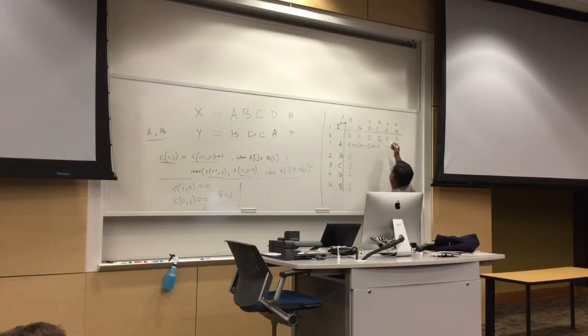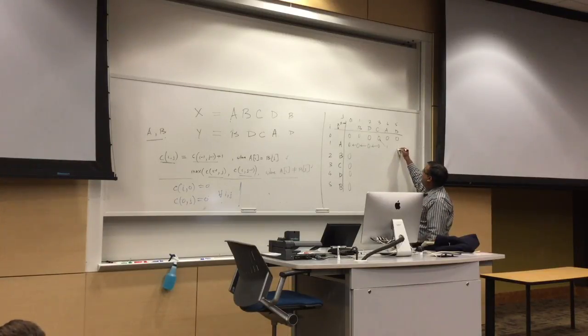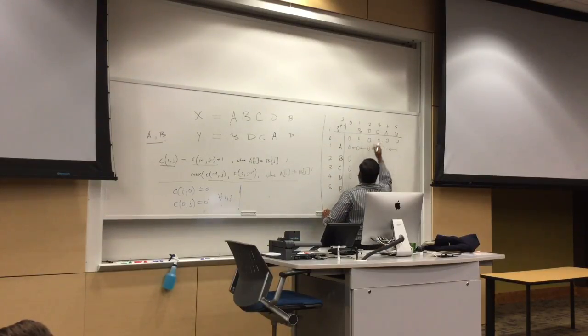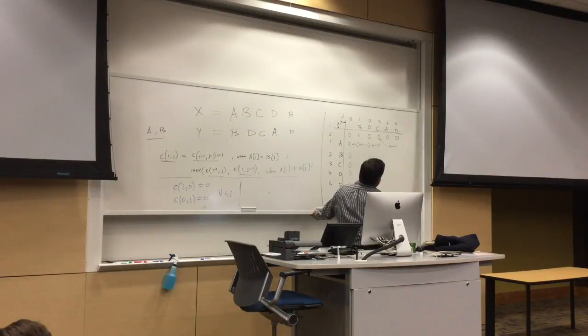So once you get to this, now what I'm trying to figure out is you get to this and then you can go back, we'll have to figure it out. So this is also 1, but it comes from here, right? Now, actually once you reach this, you have reached the longest common subsequence.